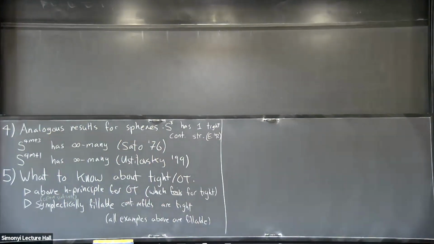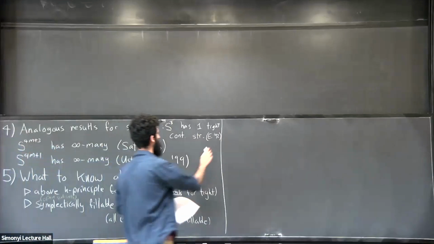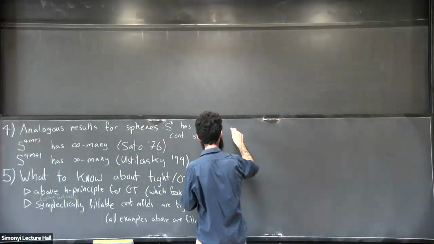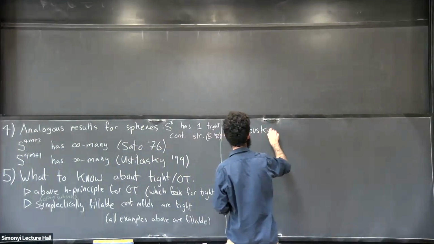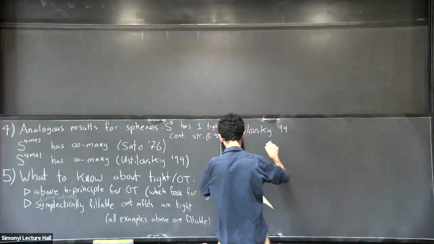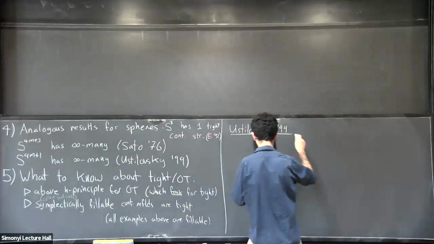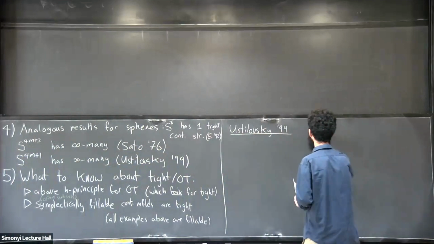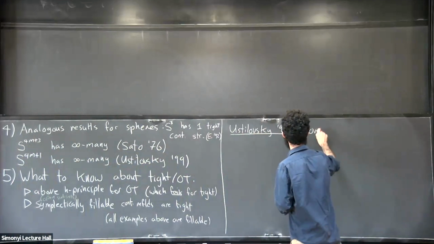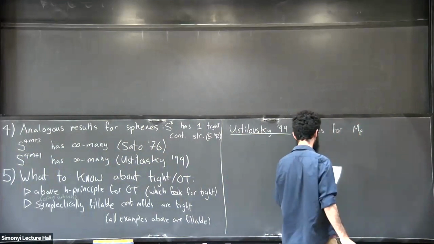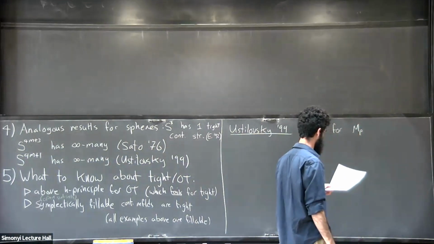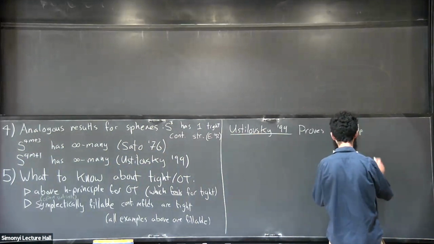Okay, so let me say a little bit about what Stolovsky did. He proves for the following manifolds, so I'll call it M_P, M is for manifold.